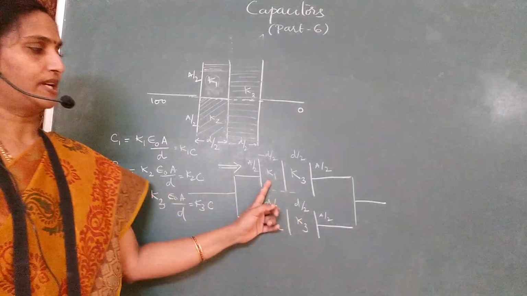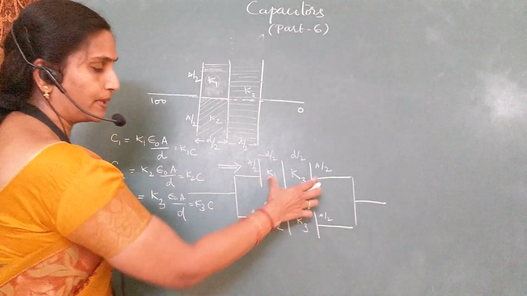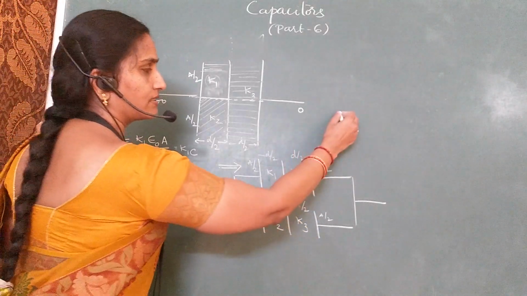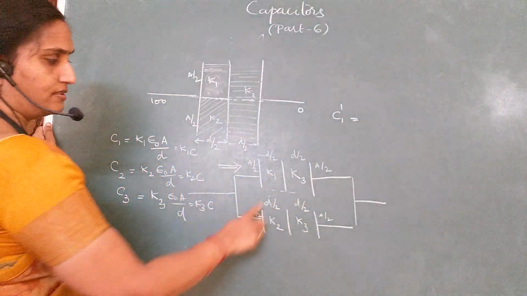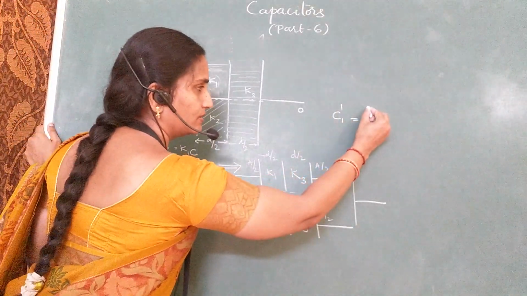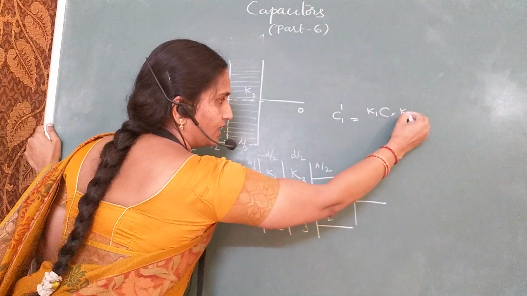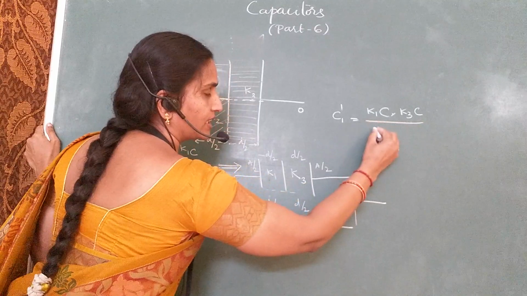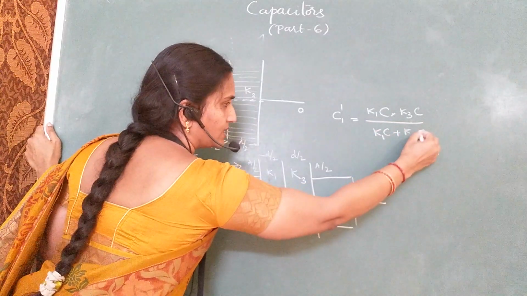Now, how are these two capacitors connected? In series. So what is the equivalent capacitance of this upper part? For the upper part, C1 dash I will call it, because they are in series combination, C1 C2 by C1 plus C2. So K1C into K3C divided by K1C plus K3C.